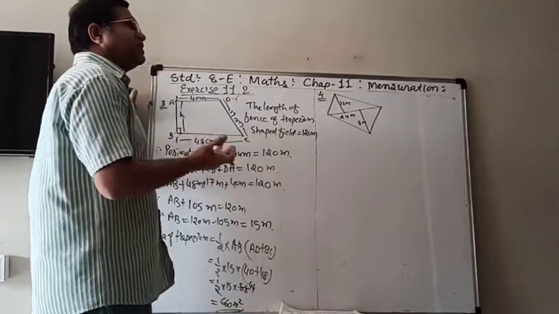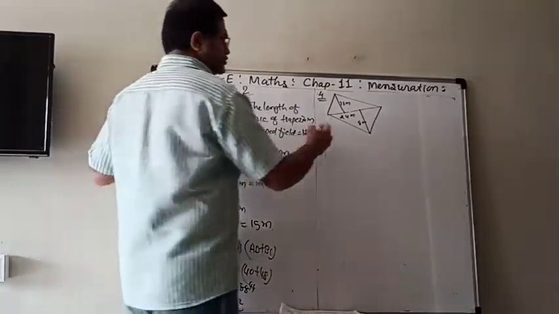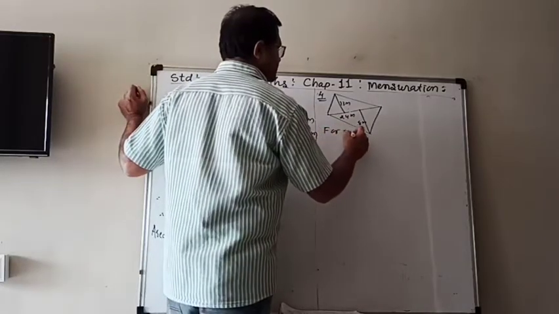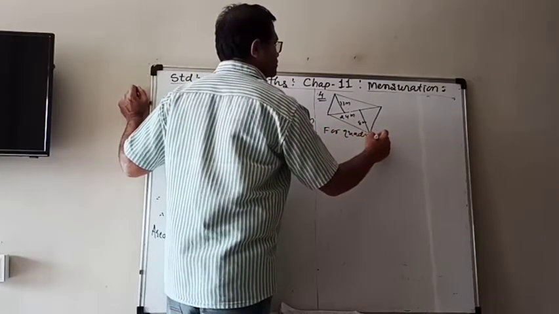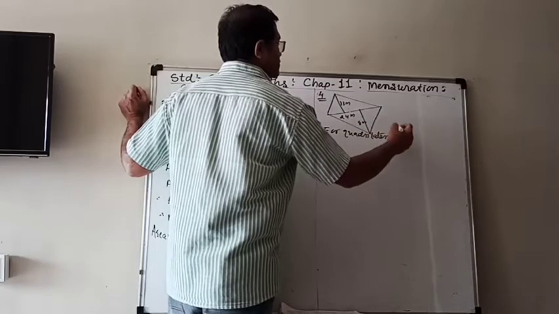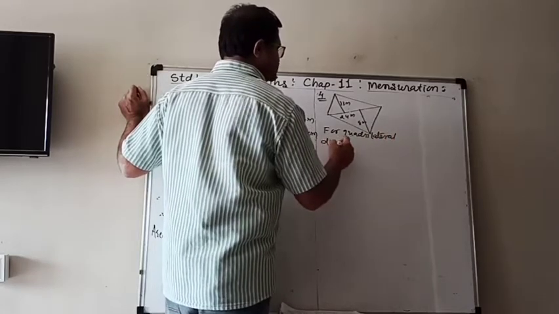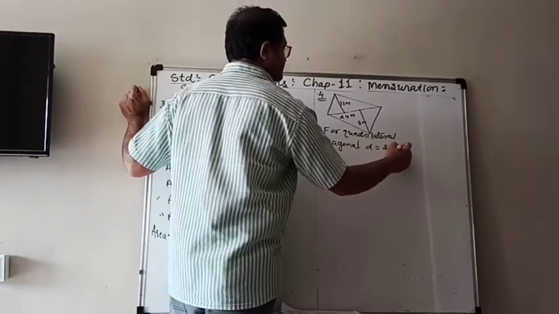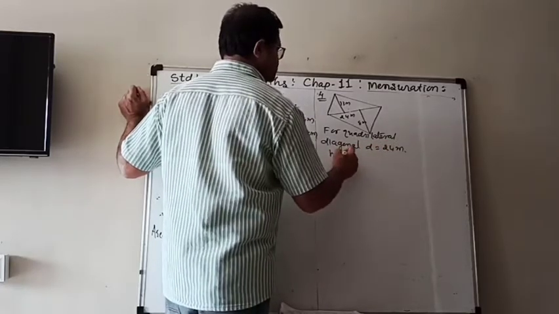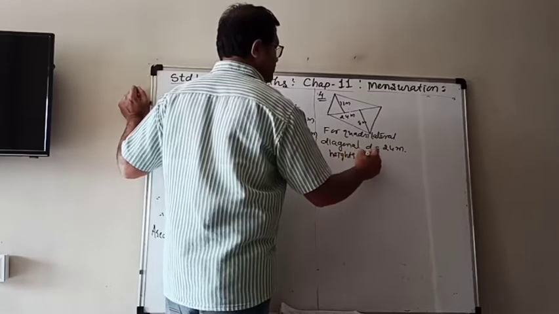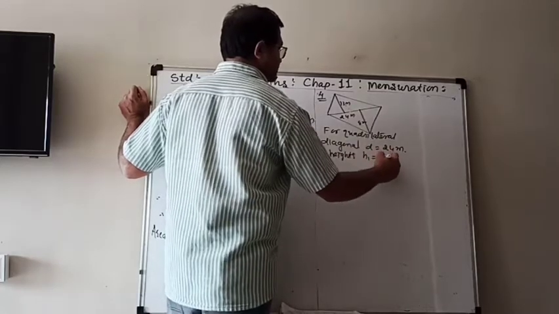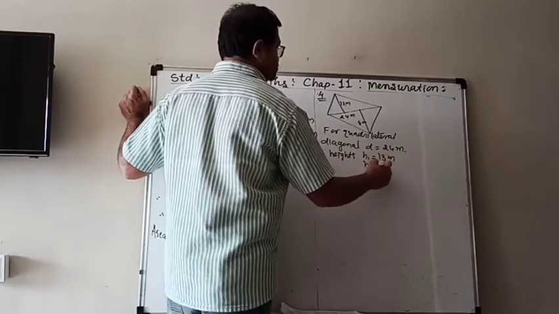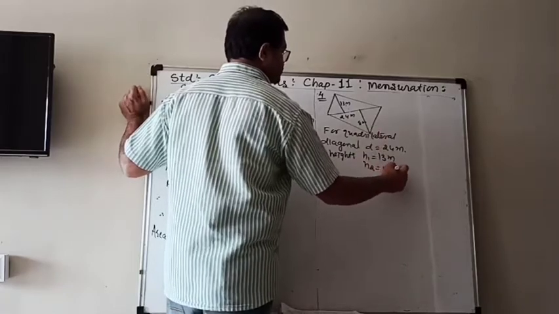So here it is a general quadrilateral. For the quadrilateral, diagonal D is given as 24 meter, and the heights are given. H1 is 13 meter and H2 is 8 meter.